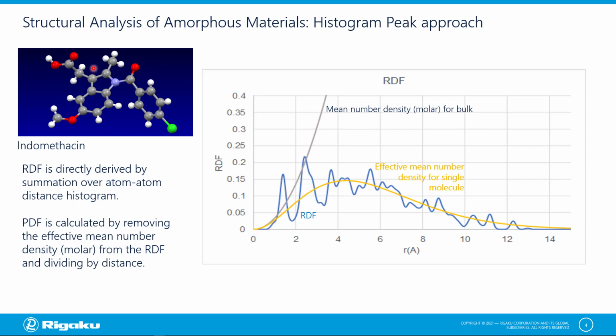But as we're only dealing with a single molecular entity, we have to derive what's called an effective mean number density, which is limited by the size of the molecule itself. And this is the determined effective mean number density for indomethacin. Once you've subtracted the mean number density from the RDF, you simply divide through by the distance, and that gives you directly the pairwise distribution function.